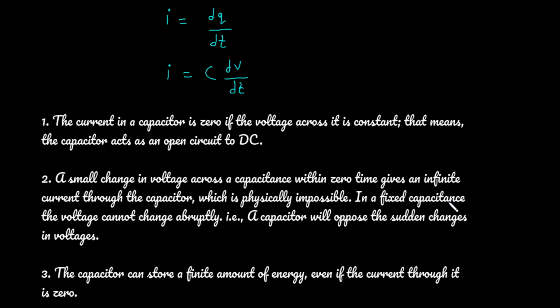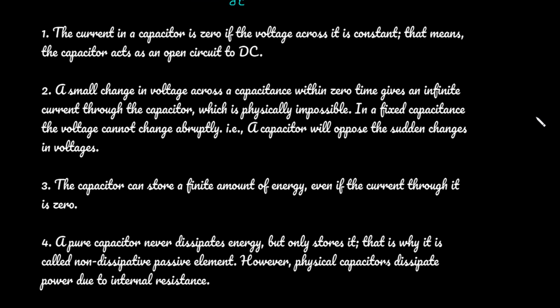In a fixed capacitance, the voltage cannot change abruptly. That is, a capacitor will oppose the sudden change in voltage. Remember that a capacitor opposes the sudden change in voltage, and a capacitor acts as an open circuit to DC.